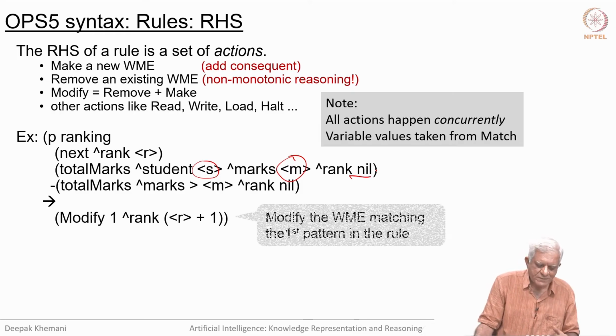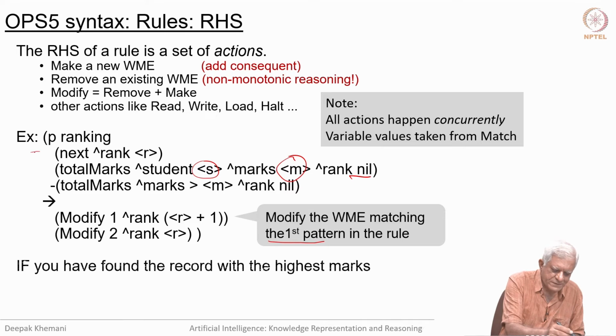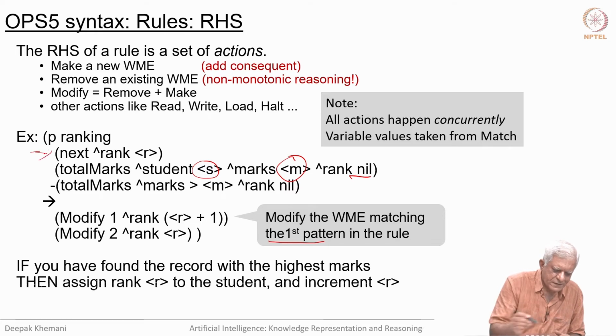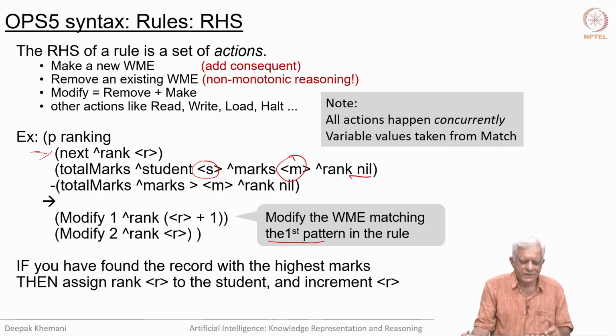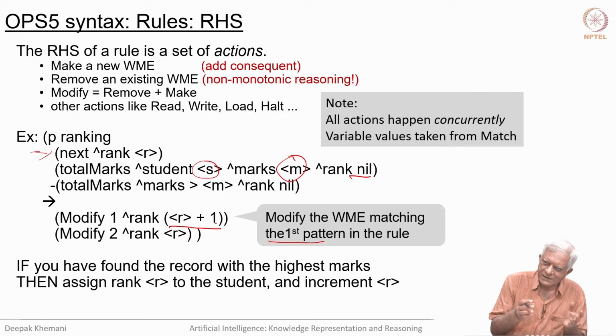Then we could say something like modify 1. When we say 1, we mean the first pattern, which is rank. So, we are saying okay, modify it to whatever it was before and add 1 to it. If the rank that we were talking about was 6 at that point, the next time we assign the rank, it is going to be 7.